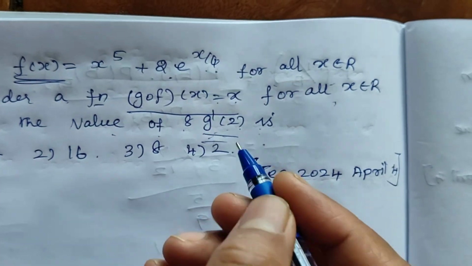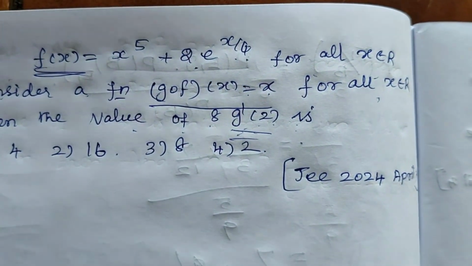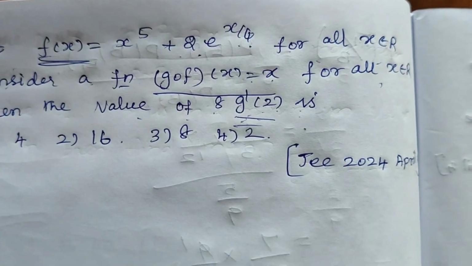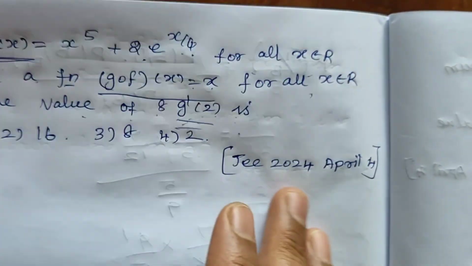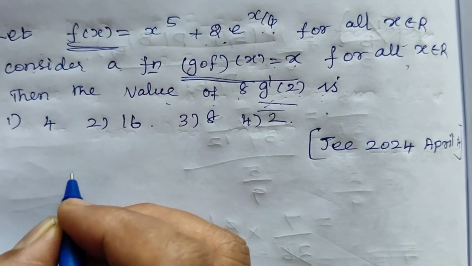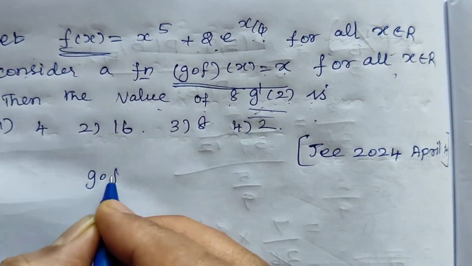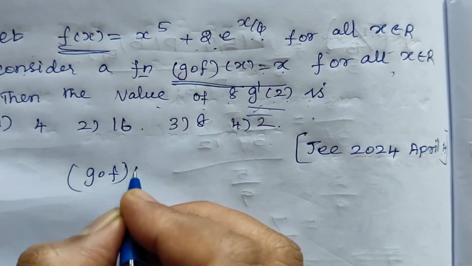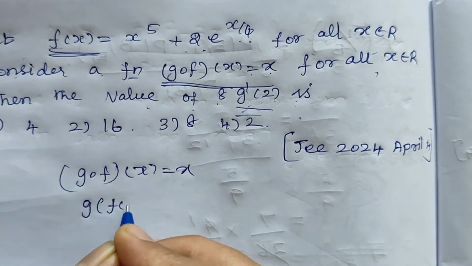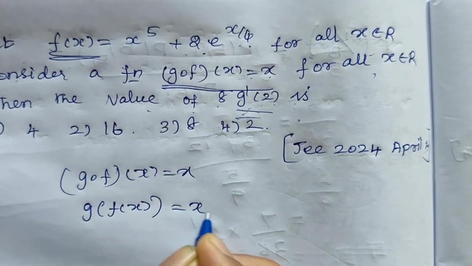For that, first we have to find g(x), or otherwise, using g∘f, find g'. The condition is given: g∘f(x) = x, so g(f(x)) = x.